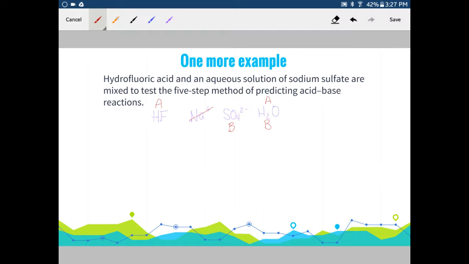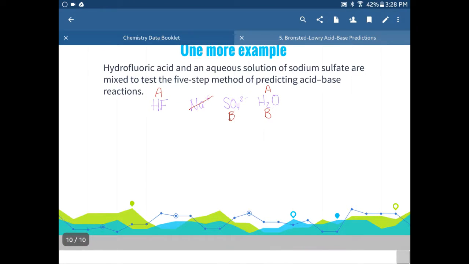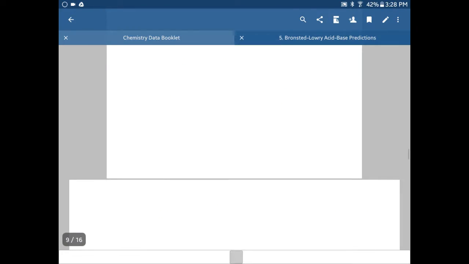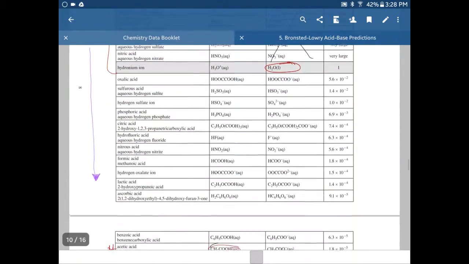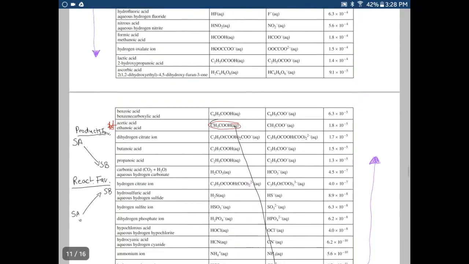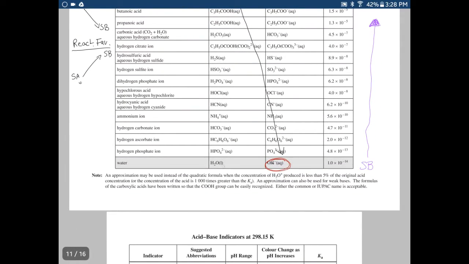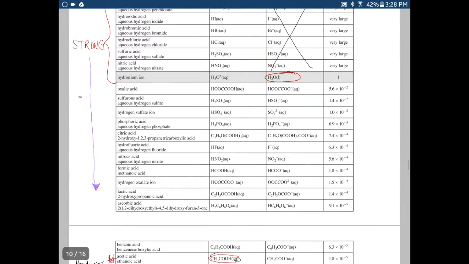Now when I check my data table, I'm going to just see which entity is my strongest acid and my strongest base. I see that hydrofluoric acid is here, water is below here, and water is above my sulfate ion.